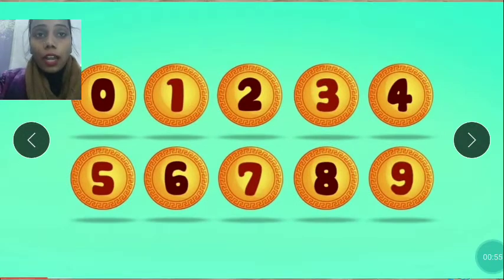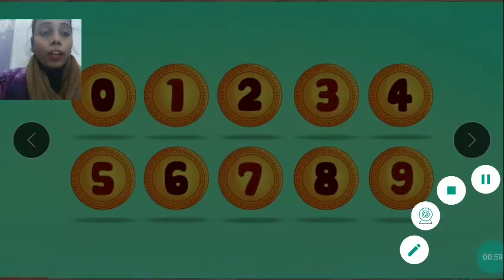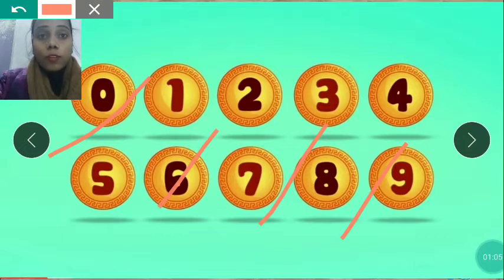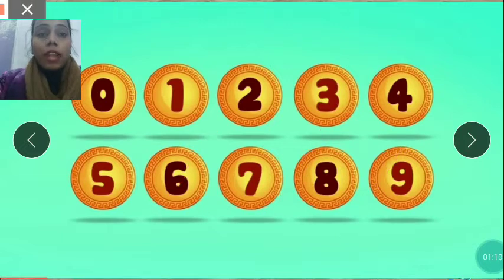Students, as you have all seen, we have the numbers from 0 to 9, isn't it? Using these digits we write any number we want.